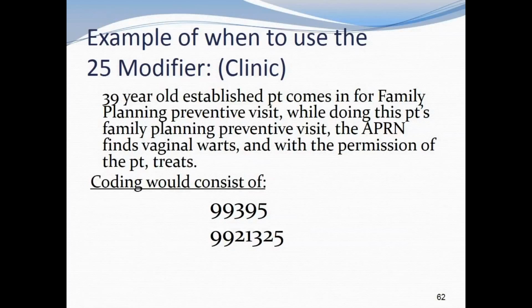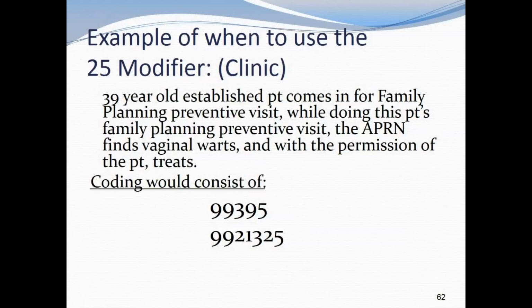99395 for the actual annual planning, the actual family planning that the patient came in initially for. But if you think about it, the APRN actually did something else, because while she was doing the preventive, she found something else and then figured while she was there, she needed to treat something else too, which is the warts.